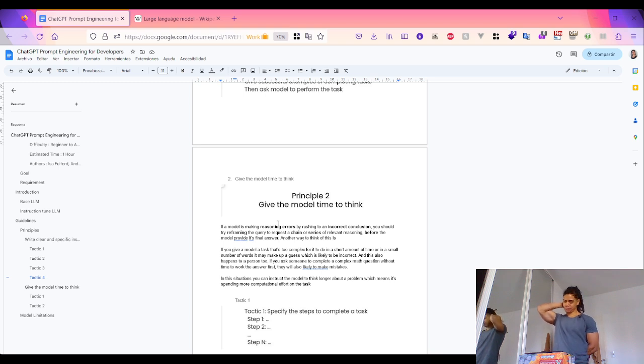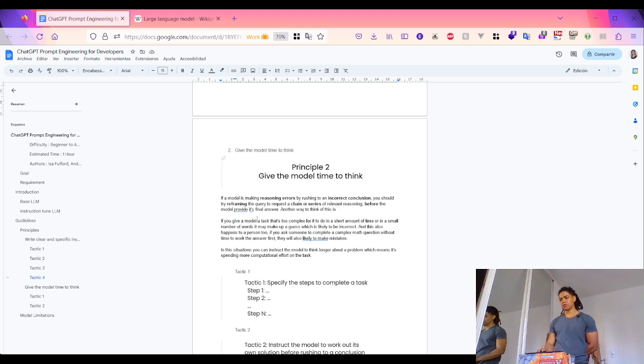If a model is making reasoning errors by rushing to an incorrect conclusion, you should try to reframe the query to request a chain or series of relevant reasoning before the model provides its final answer.